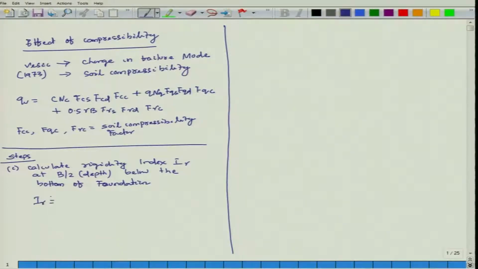Rigidity index is generally Ir, I for index, R for rigidity. Ir is equal to G by c plus q prime tan phi. G is your shear modulus of soil, and q prime is the effective overburden pressure.